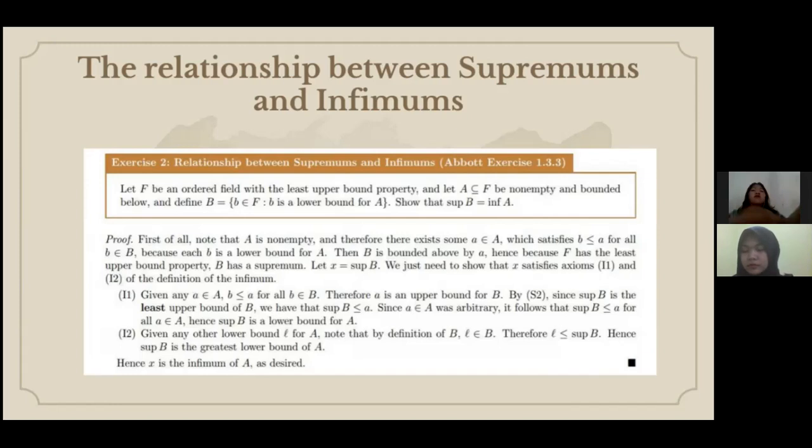Since a in A was arbitrary, it follows that sup B is less than or equal to a for all a in A. Hence, sup B is a lower bound for A. I2: given any other lower bound L for A, note that by definition of B, L is in B, therefore L is less than or equal to sup B. Hence, sup B is the greatest lower bound of A. Hence, x is the infimum of A, as desired.